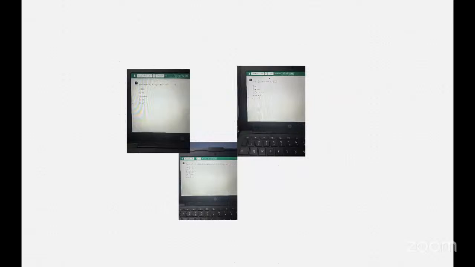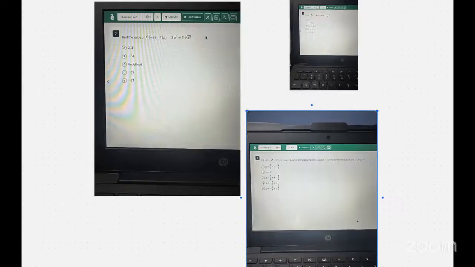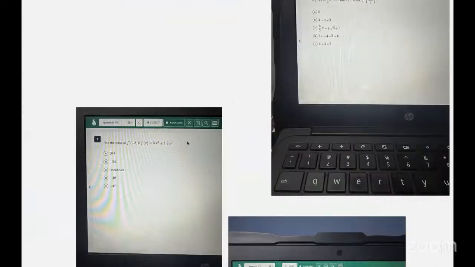All right. Bigger here. All right. So what is the value of f prime for that?